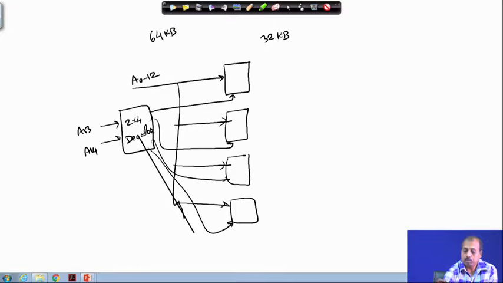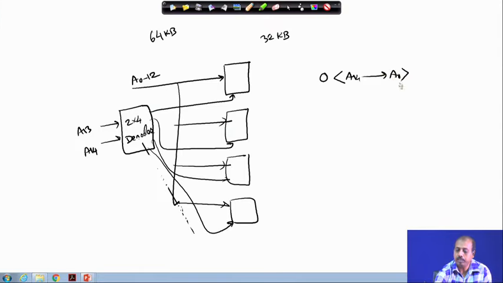Now, what happens for the addresses in the range which is more than this 32k? Here it is implicitly assumed that the bit A15 is taken as 0, and this is the address A14 to A0.